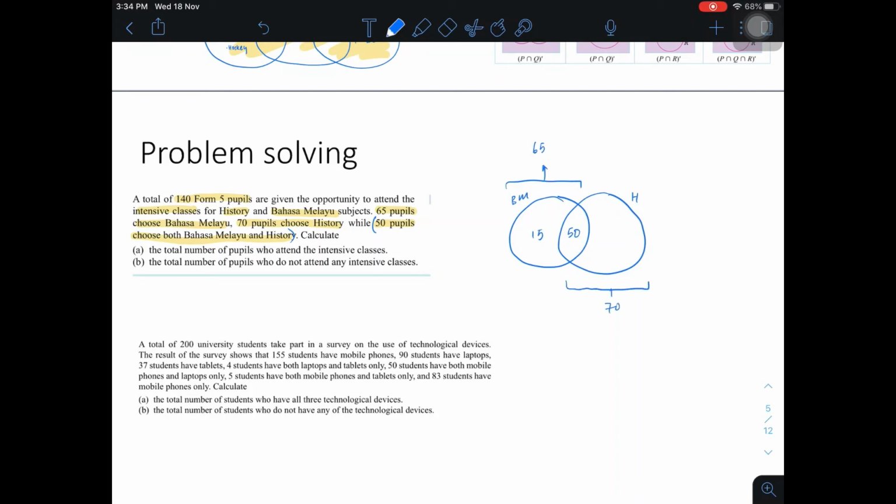So meaning 70 subtracted by 50, you get 20. And then you get the remaining, right?